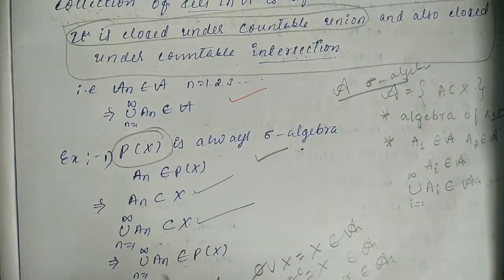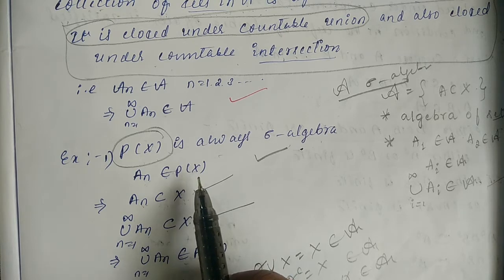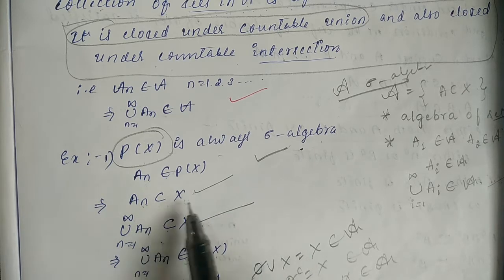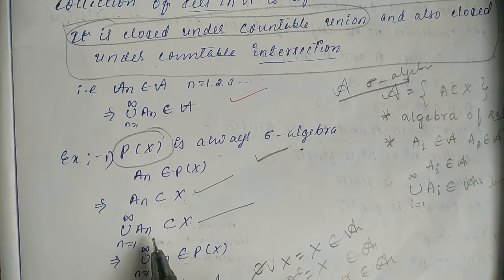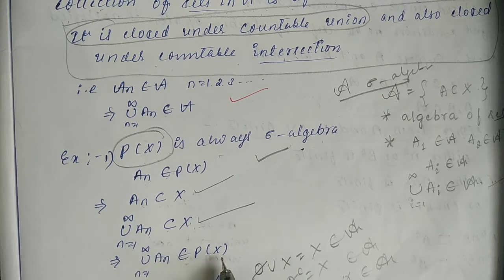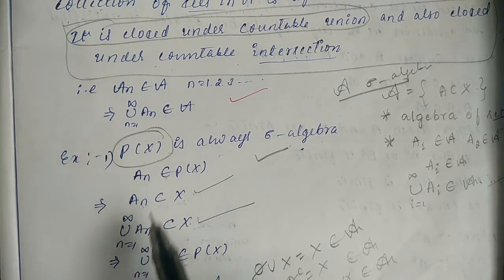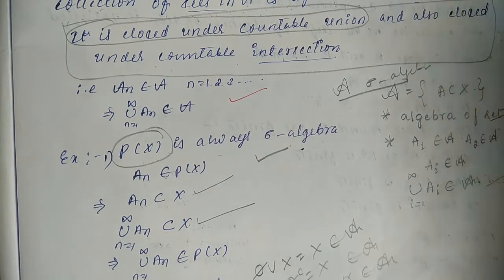For that I am considering a sequence An of sets in P of X. P of X is nothing but the power set, the collection of all subsets of X. So An belongs to P of X means An is a subset of X. If An is a subset of X, then the union of An is also a subset of X. In fact, the countable union of An is also a subset of X, so it clearly belongs to P of X. Therefore, P of X is a sigma algebra.